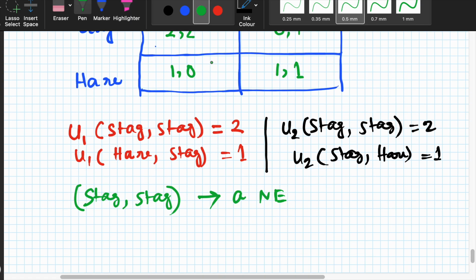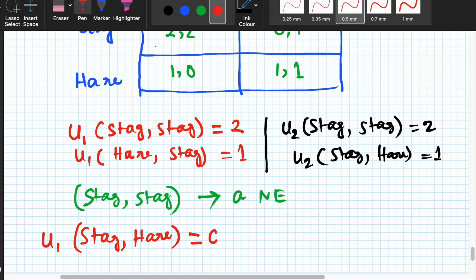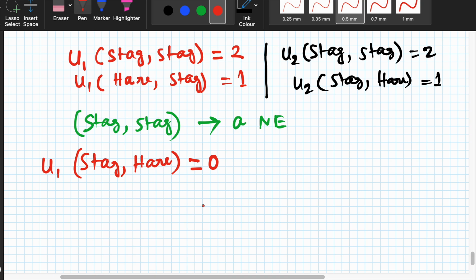Now another thing: if you see, this stag, hare situation is not a Nash equilibrium, because in this situation player 1 always has an incentive to change from stag to hare, because in this situation both will get a payoff of 1.